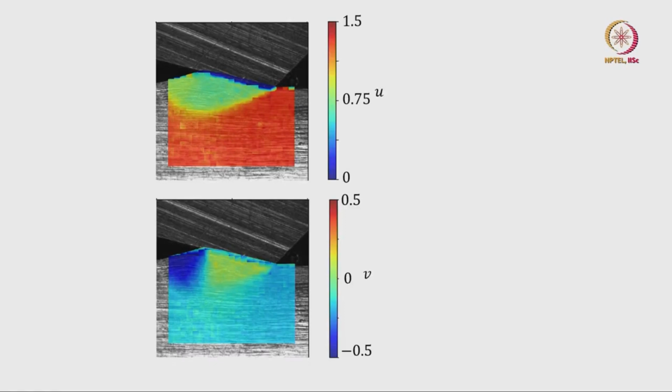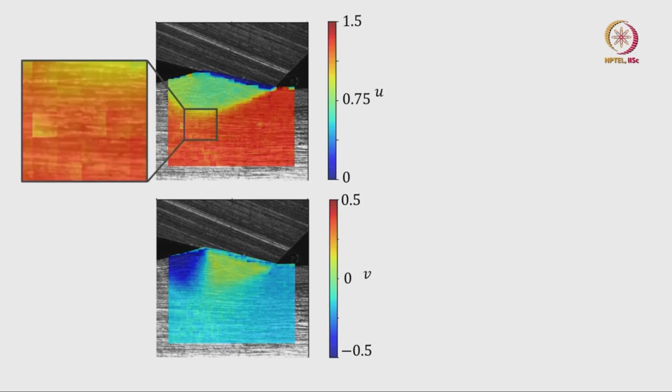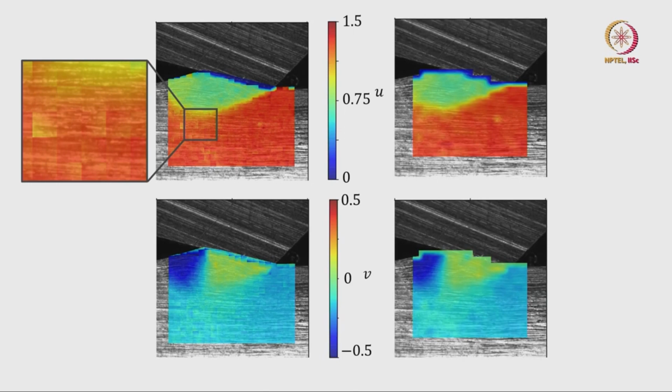This is how a typical displacement field looks, but in this search process we end up with issues such as discontinuities across the subset search regions. We have to handle that using some type of curve fitting or interpolation technique. We will briefly see how these issues are also addressed in this open source algorithm.